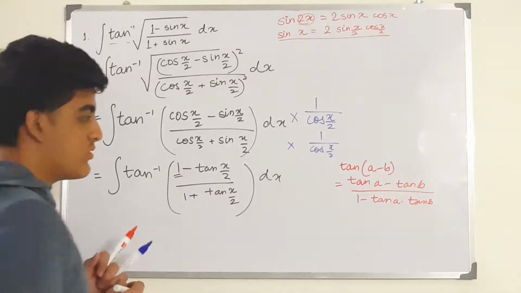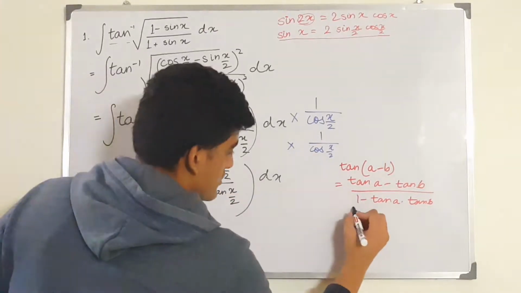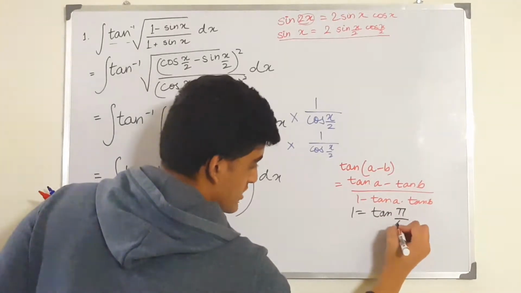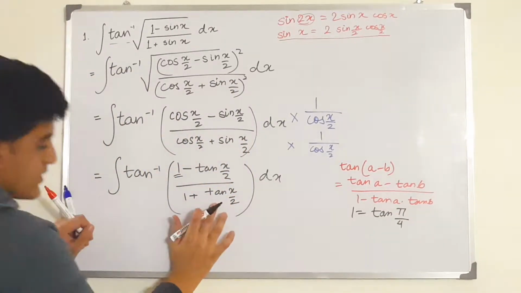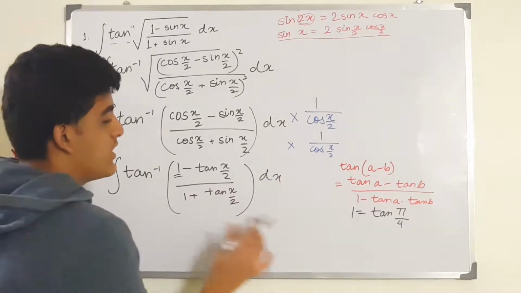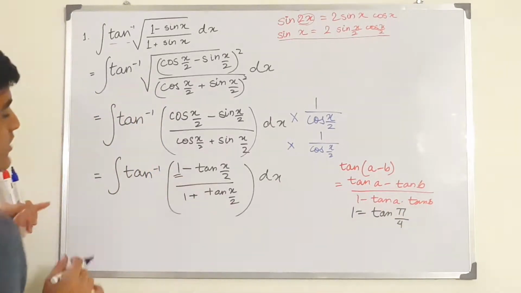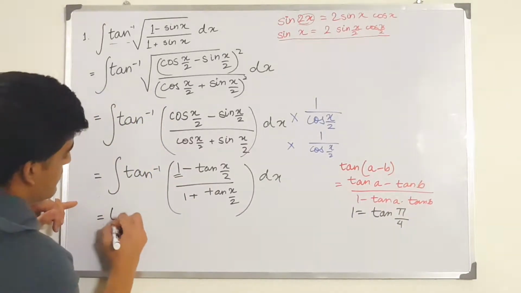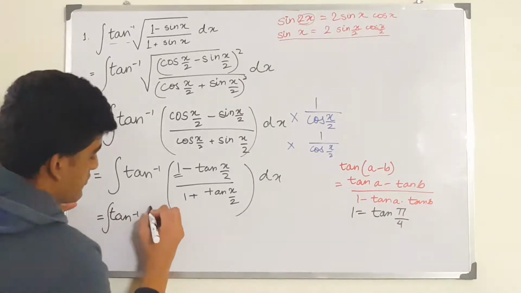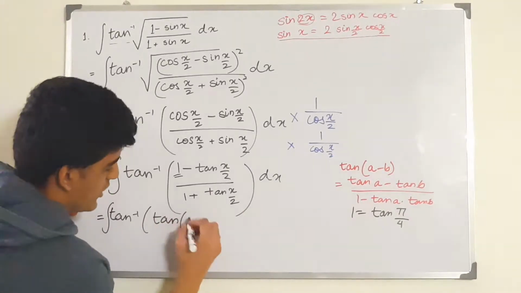So what do we do? We know that 1 is equal to tan pi by 4. So we can just replace 1 with that. And in the denominator, the tan x by 2 can be said to be multiplied with 1. So we just have the general expression in our case, and we can simply replace it with what we found on simplifying this expression.